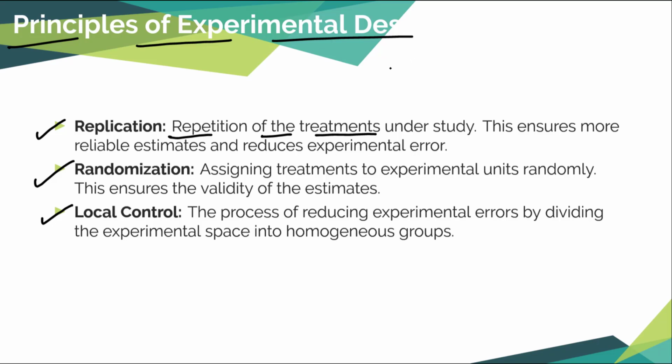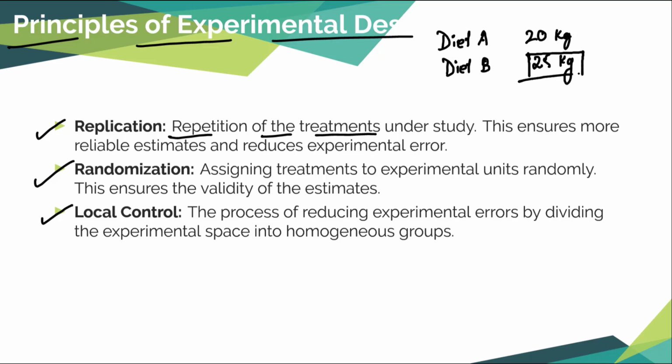So it is not advisable, say you have two treatments, one is diet A and one is diet B, and imagine there is only one person to whom you have given this diet and the outcome is, let's say, 20 kg, right? And for diet B, the outcome is 25 kg, right?